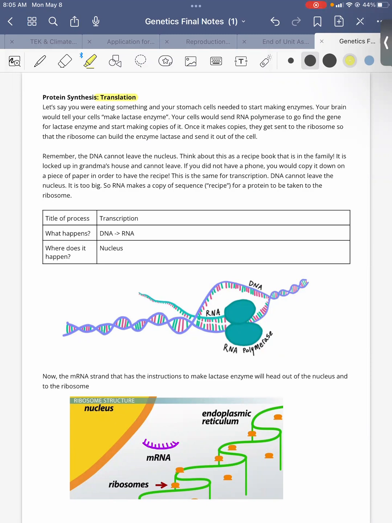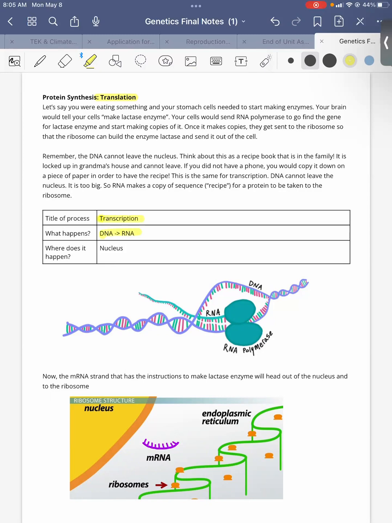Once it has copied it from DNA to RNA, that RNA will leave the nucleus and go to the ribosome so that the ribosome can start building lactase and send it out of the cell to the stomach. All right, cool. So just to review transcription.